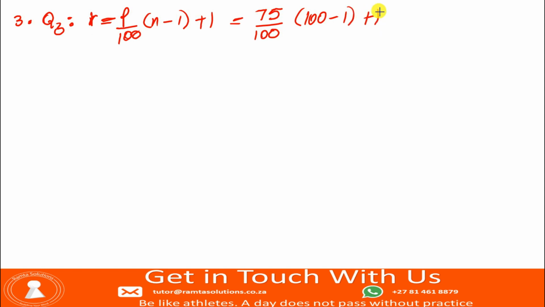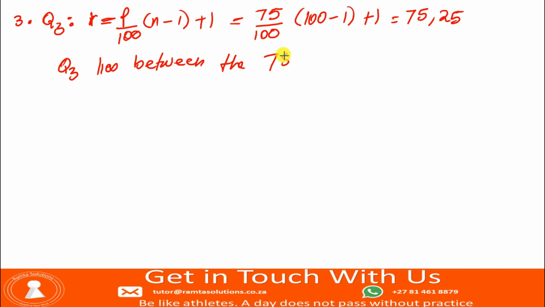Minus 1 plus 1. Let's see. 0.75 of 99 plus 1. What is it? It is 75.25. Now, to help you understand this, this means Q3 lies between the 75th and 76th term.